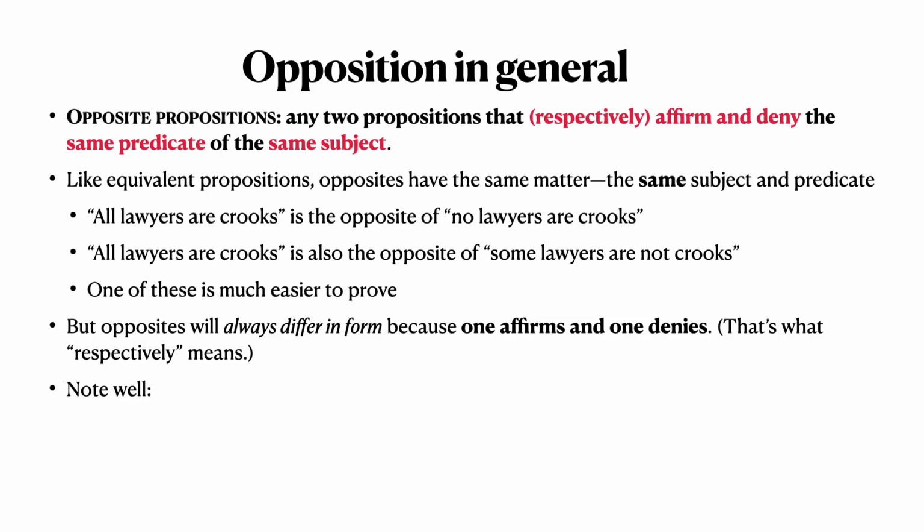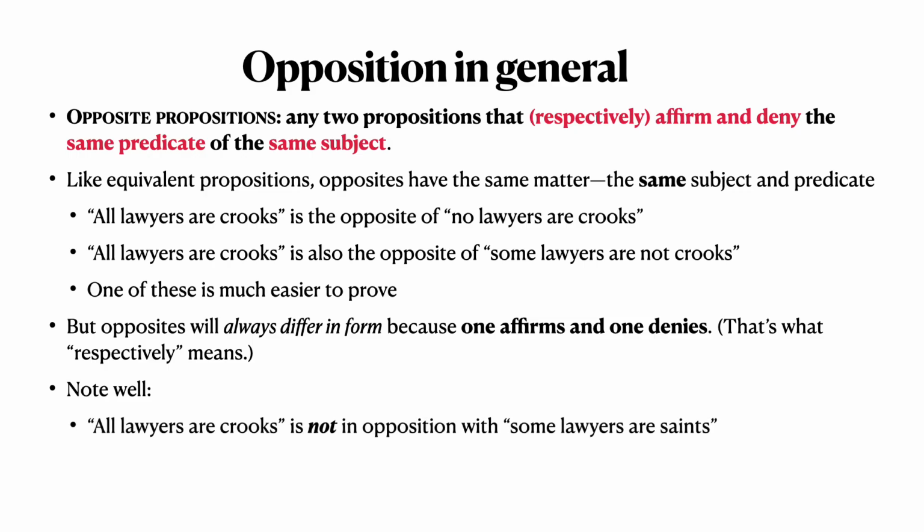Now, a couple of things to note. First, all lawyers are crooks is not in opposition with some lawyers are saints, even though saints are not crooks, right? Because saints is not simply a negation of crooks. Saints and crooks, not the same predicate. And so though we have the same subject there, lawyers in both statements, we don't have the same predicate.